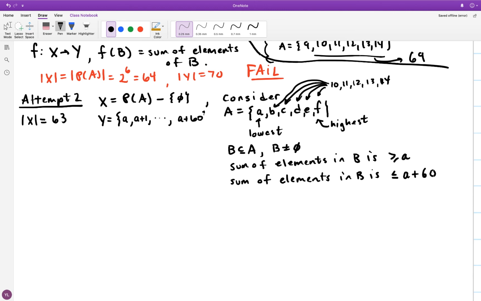I've decided that these are the possible sums that could come out, where a is the smallest number that's in the set capital A. So my function now from X to Y is still defined the exact same way. The function at a subset B is the sum of the elements.